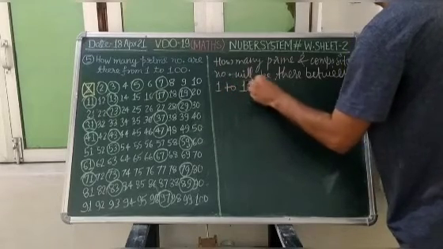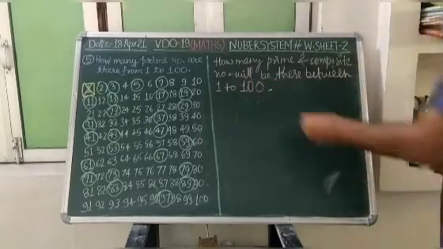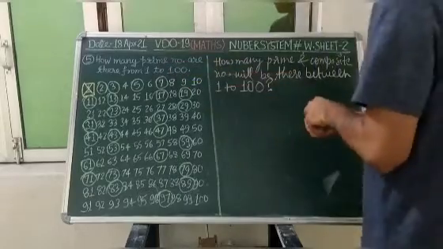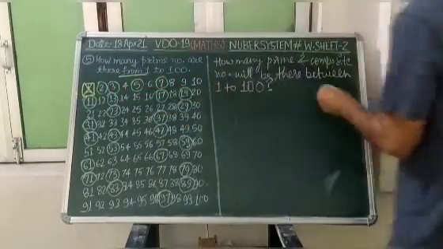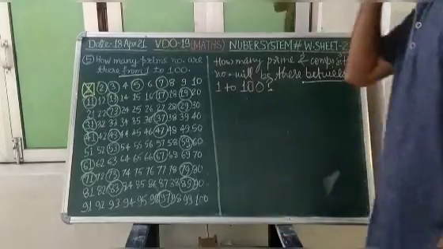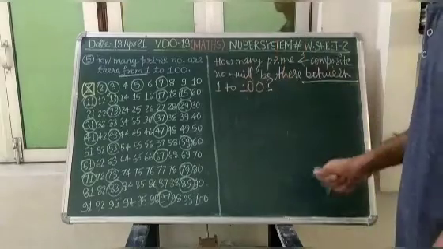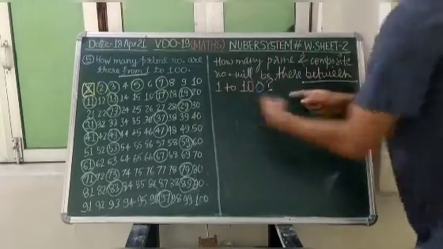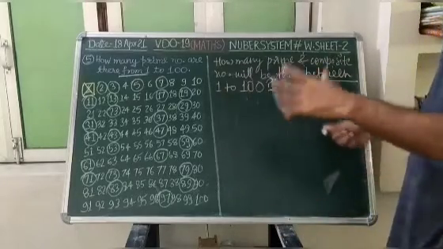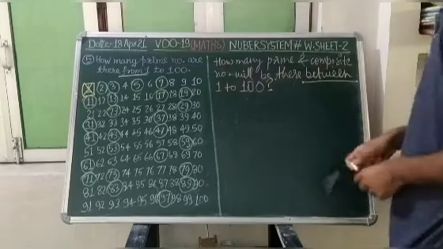Between 1 to 100. So the question will change. You will notice whether they have written from or between. If they are writing from, we will select 1 and 100. But if they are saying between 1 to 100, from means 1 से 100 तक.